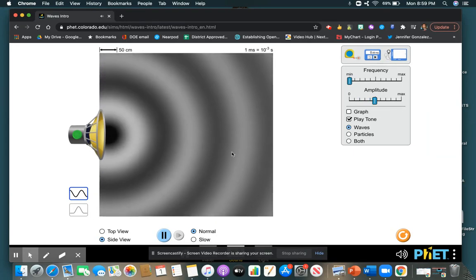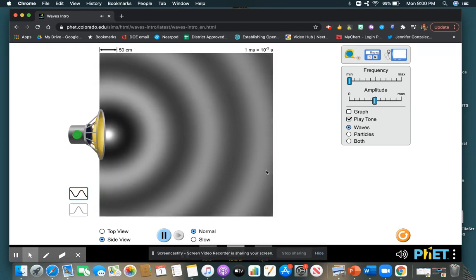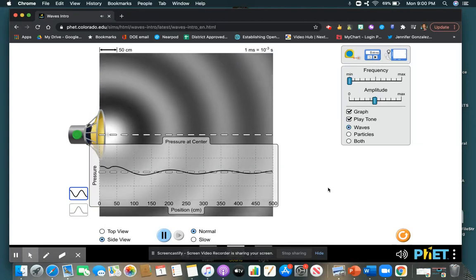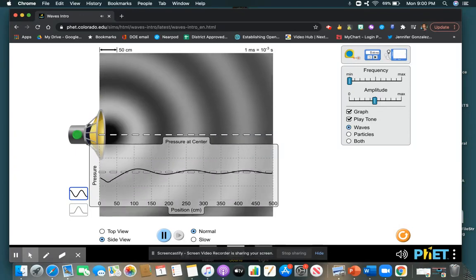I'm going to pull out the graph because I know you can see the waves. They're represented by these dark lines. But if I pull up the graph, you can really see how the waves are traveling out.